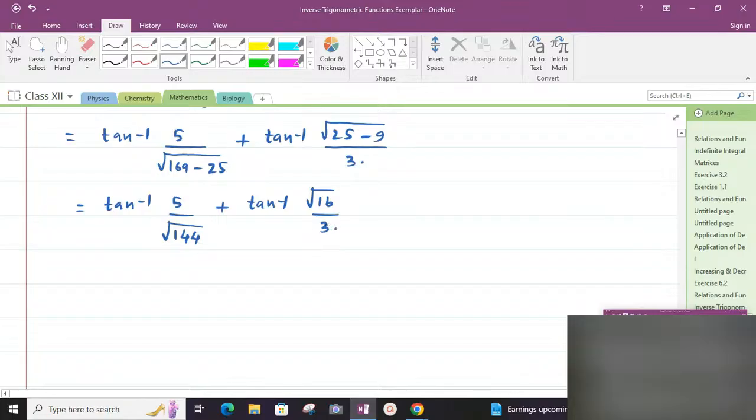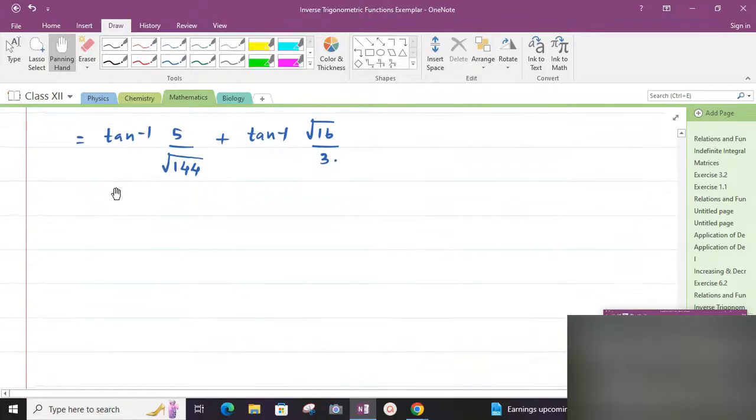Hope that there is no problem to understand up to this step. So let's see the next step. We write down here equal to tan inverse, and this one will be 5 by, and the square root of 144 is 12. Hope that there is no problem to understand up to this step.